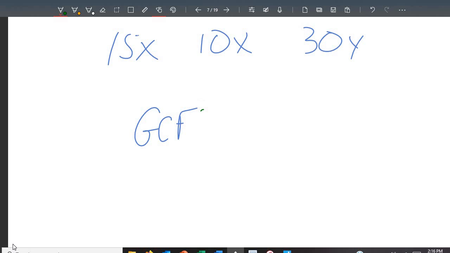Here's an example. First, I look at the numbers, 15, 10, and 30. All of those are divisible by 5. So we put a 5 here.